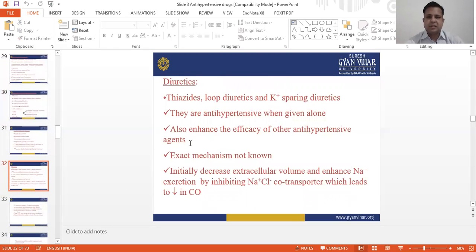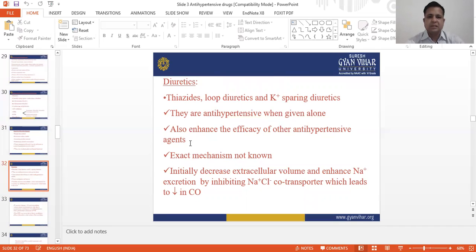Let's discuss the first class of antihypertensive drugs, that is diuretics. Examples are thiazide, loop diuretics, and potassium sparing diuretics. They are antihypertensive when given alone.